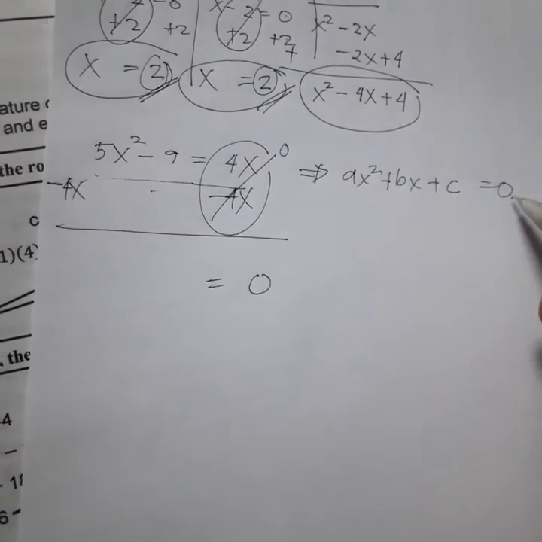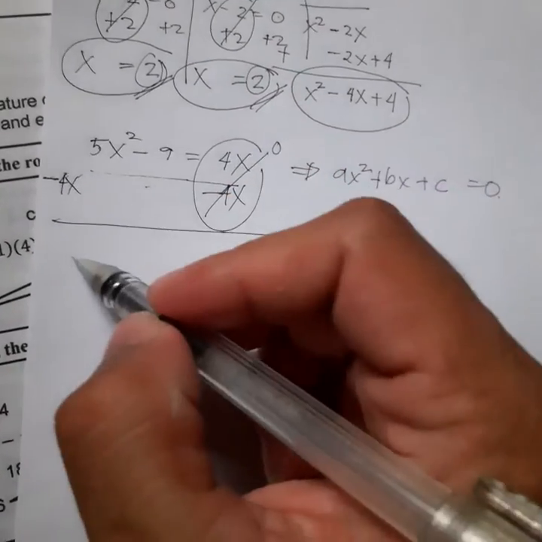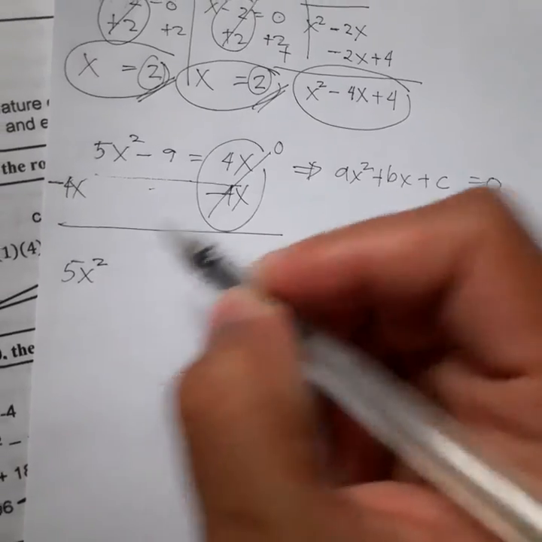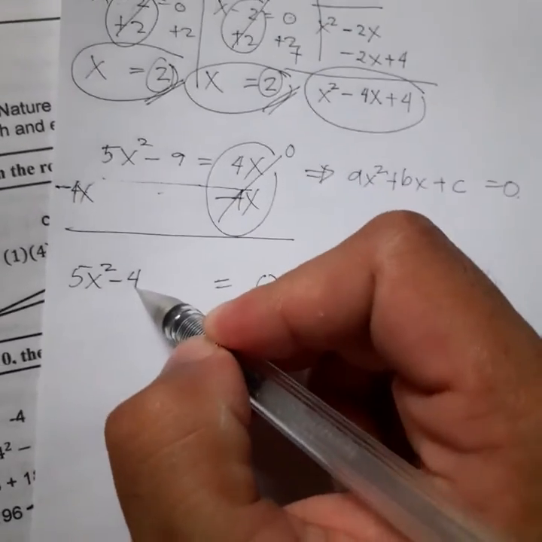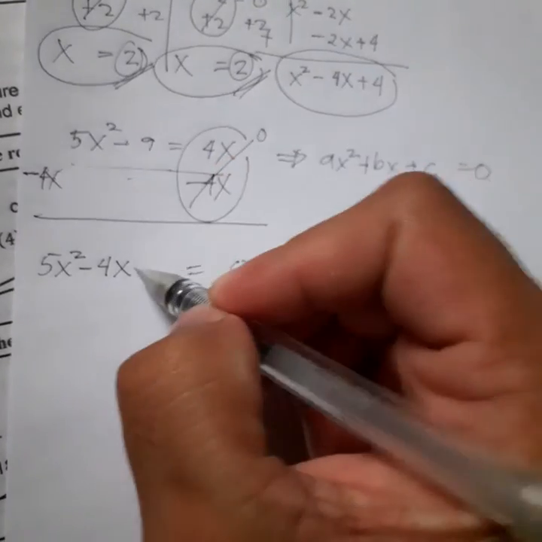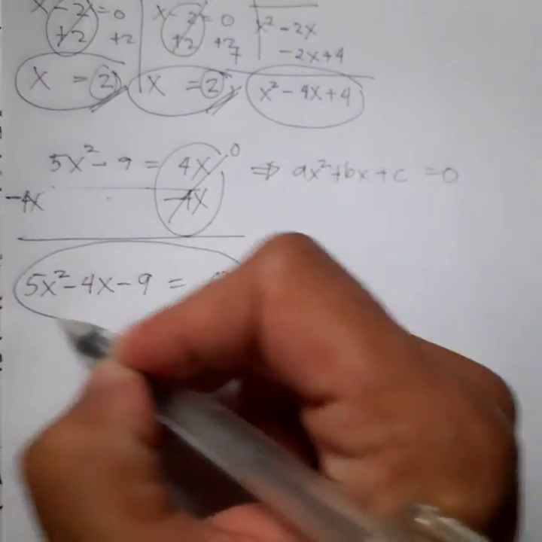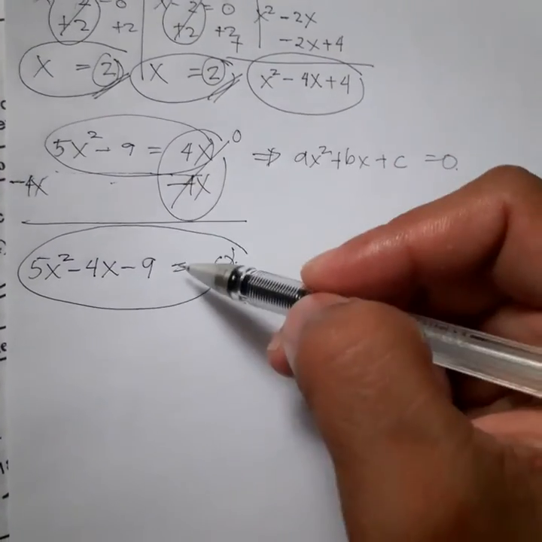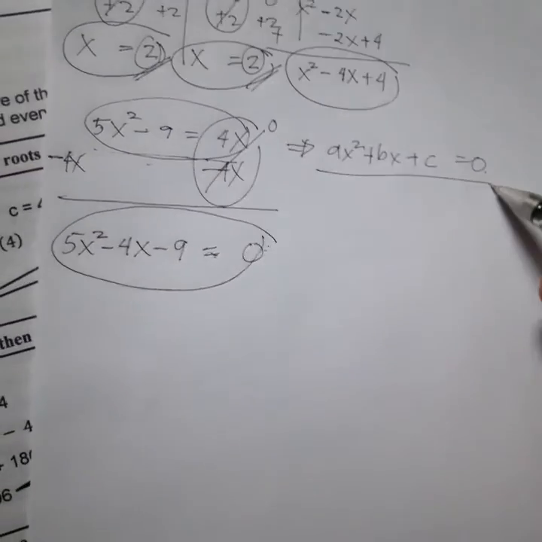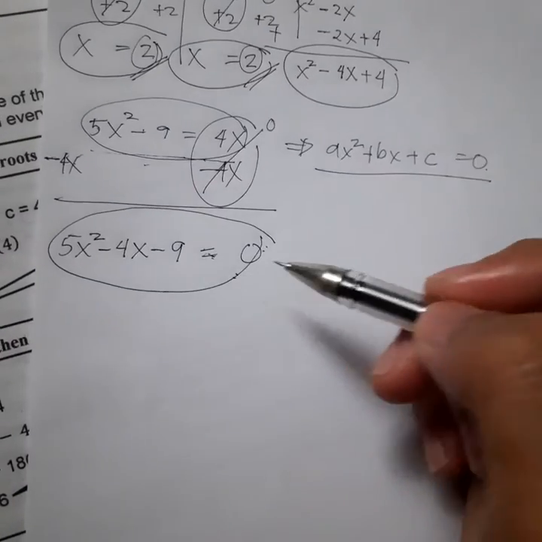Parehas, 0. Copy 5x squared. Then we have minus 4x minus 9. Then we transform this equation into standard form.